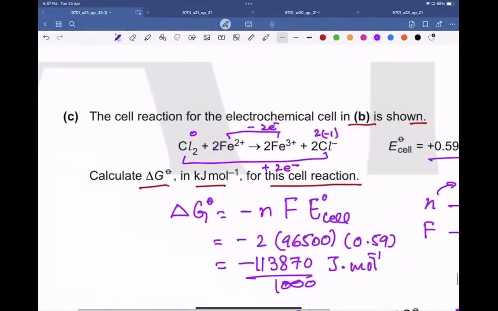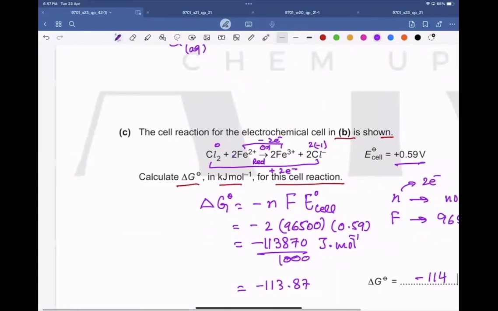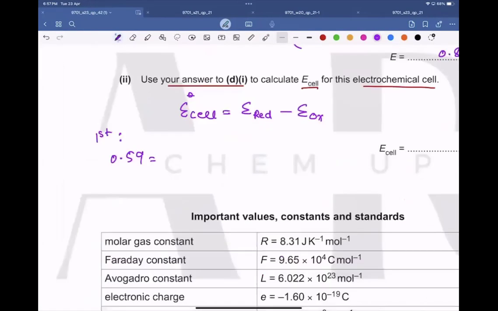And if you see from here, sorry, chlorine is undergoing reduction and iron is undergoing oxidation because the oxidation number of chlorine is decreasing. So E reduction is the E naught of the chlorine half cell, which we don't know.